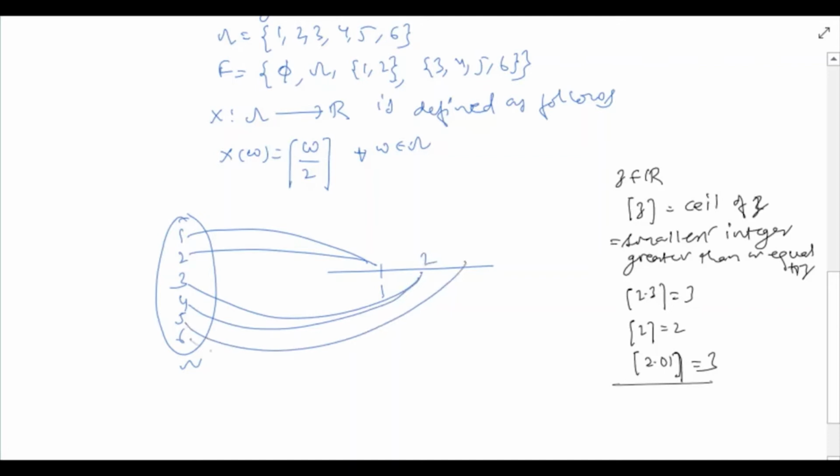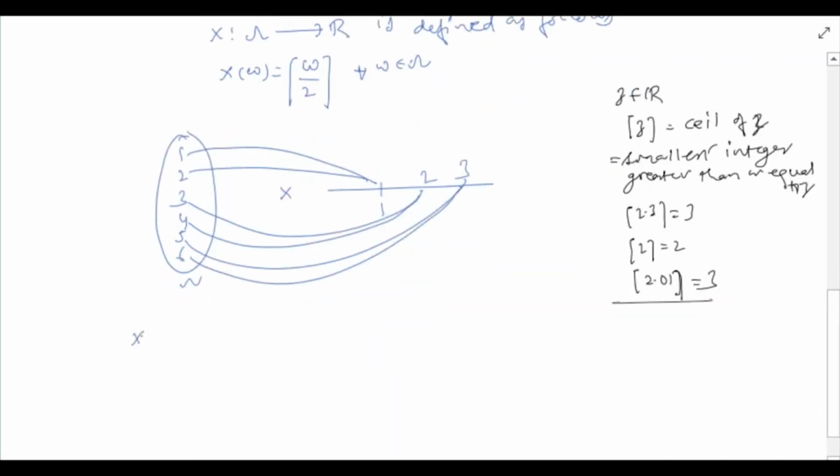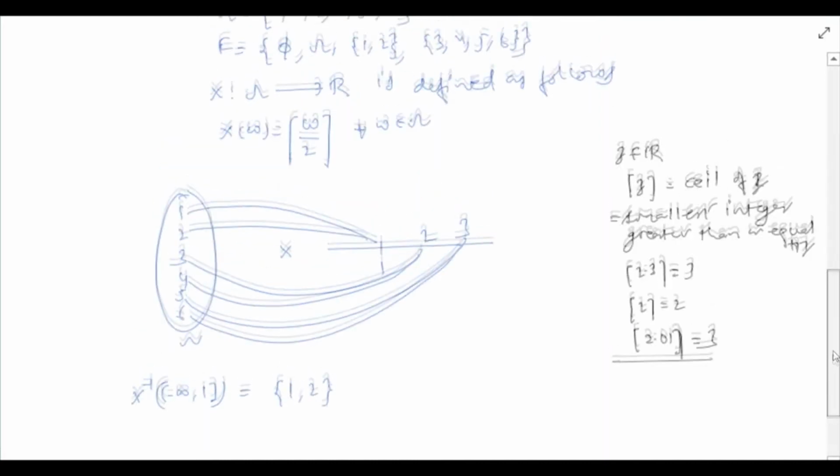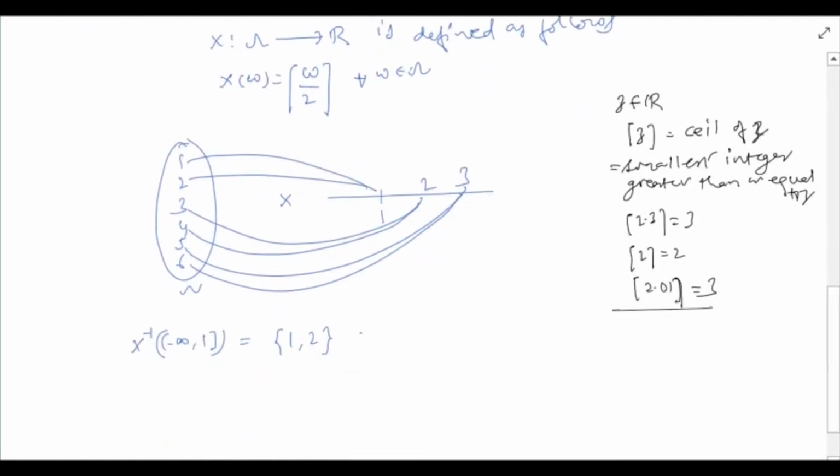And 5 and 6 will be mapped to number 3. In this case, if we consider the pre-image of minus infinity to 1, it is clearly the set {1, 2}, and as we can see it is in the event space.